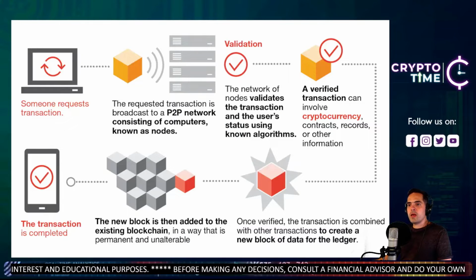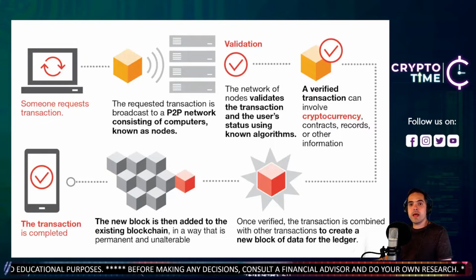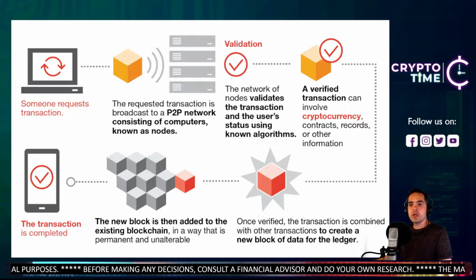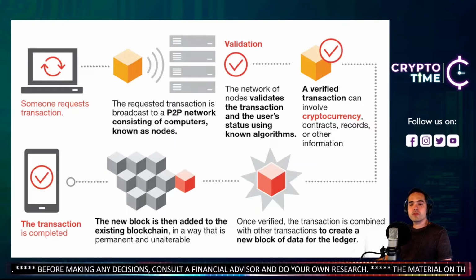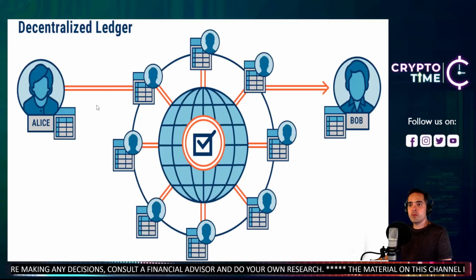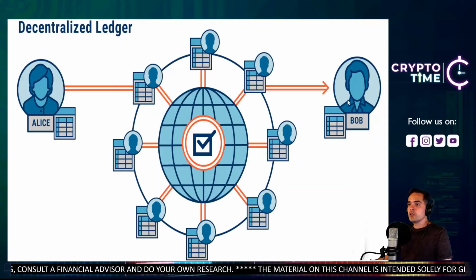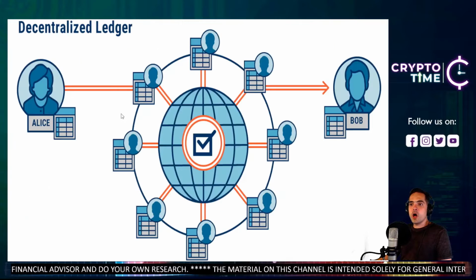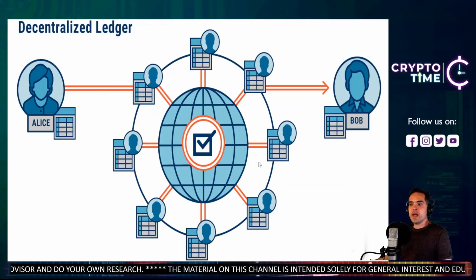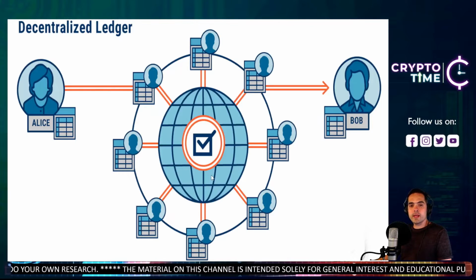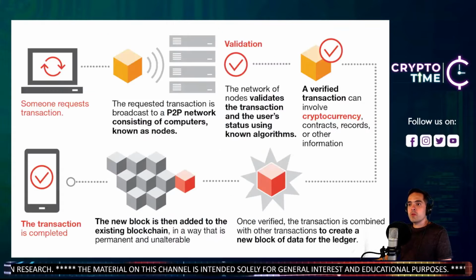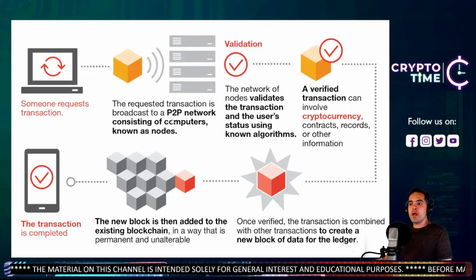Now here we have how the blockchain actually works. If someone requests a transaction, in our example Alice requesting a transaction to Bob, then all the computers that are part of that network, known as nodes, will have to validate that.